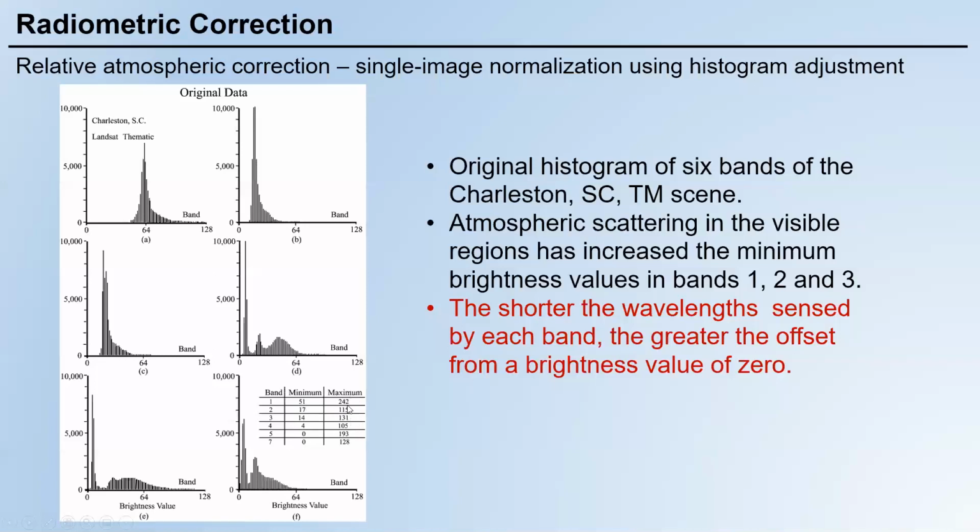Maximum value is not something we care about in this relative atmospheric correction. So at band 1, the minimum value is 51, which is incorrect. It should be 0. I'm not saying that there should be pixels with 0 value.